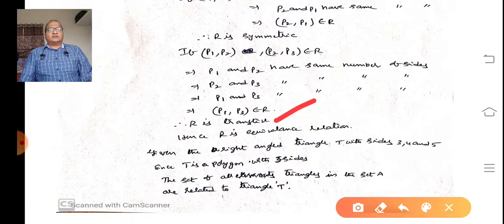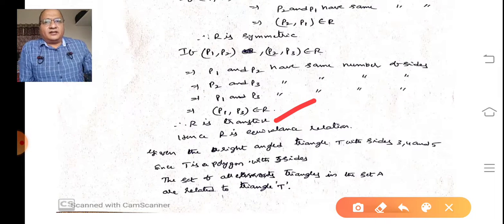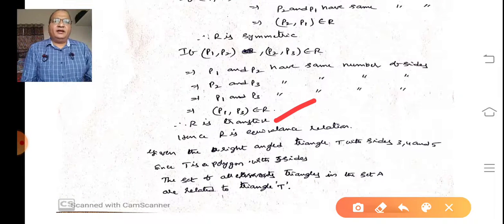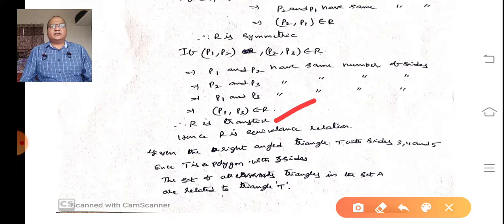Next, he is asking about the given right angle triangle. Whether it is a right angle triangle, equilateral triangle or scalene triangle, whatever it may be, it contains 3 sides. The polygon having 3 sides is a triangle. So we can say all triangles in A are related to the right angle triangle whose sides are 3, 4, 5.